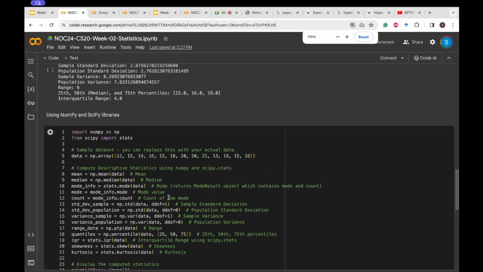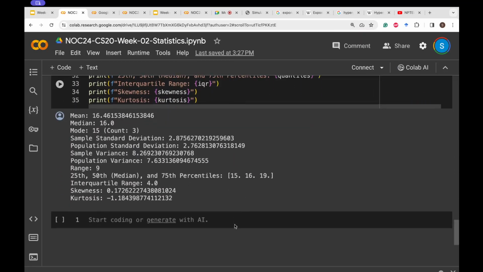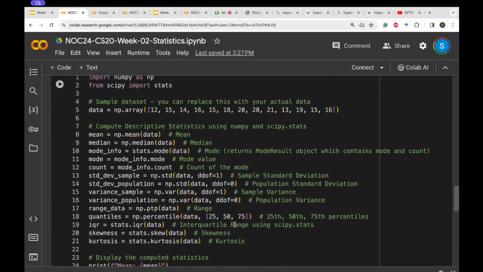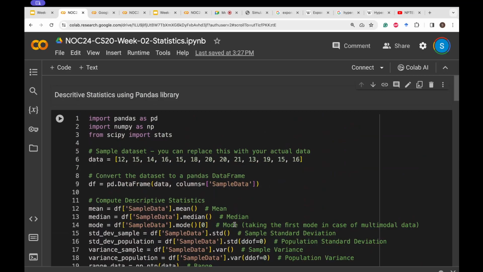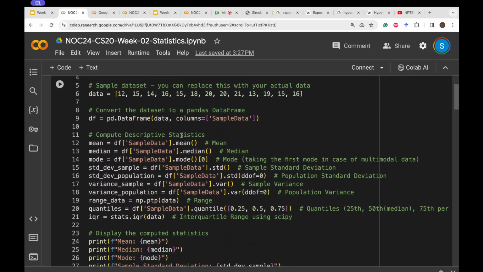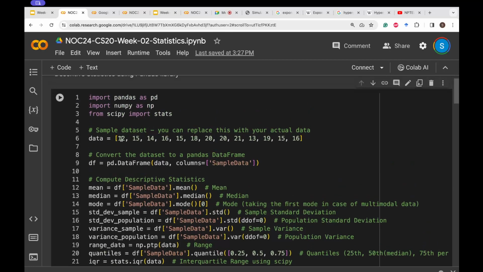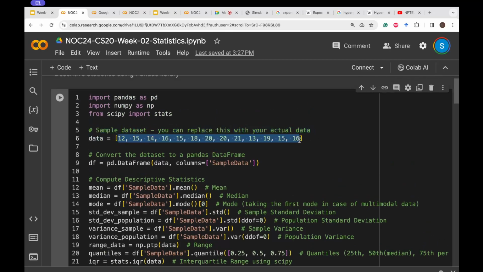Okay. Fine. So I'm not discussing this. This is just for your reference, how to find mean, mode, median, standard deviation, and all these descriptive statistics of the data given to you in the form of a list. So you can have a look at it. Let me now go to another notebook.